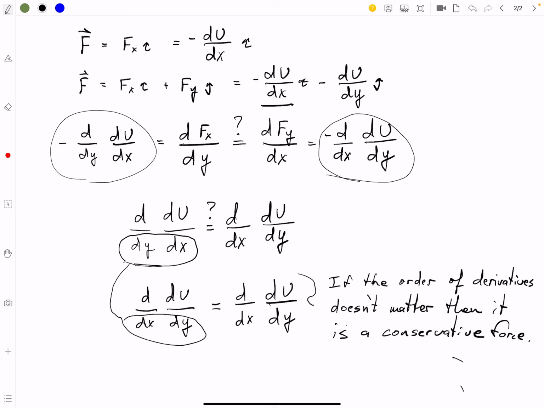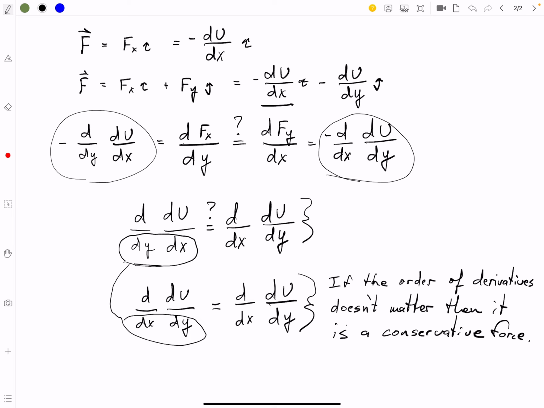Okay, and that's this situation. We just proved that they shouldn't really matter technically, algebraically, not calculus-wise, but algebraically. However, they might not necessarily be the same.